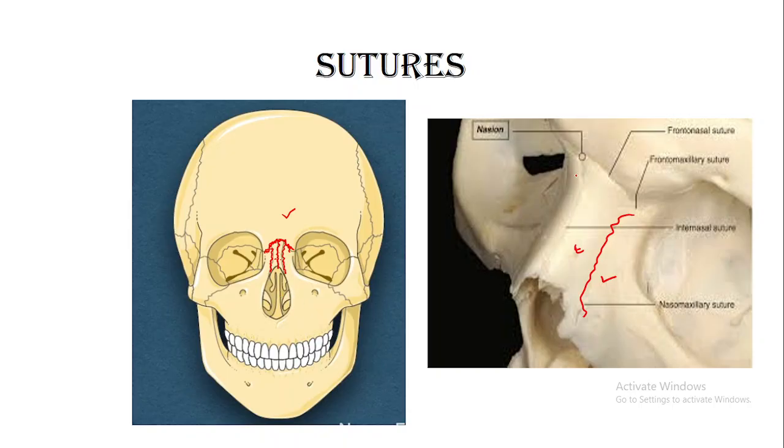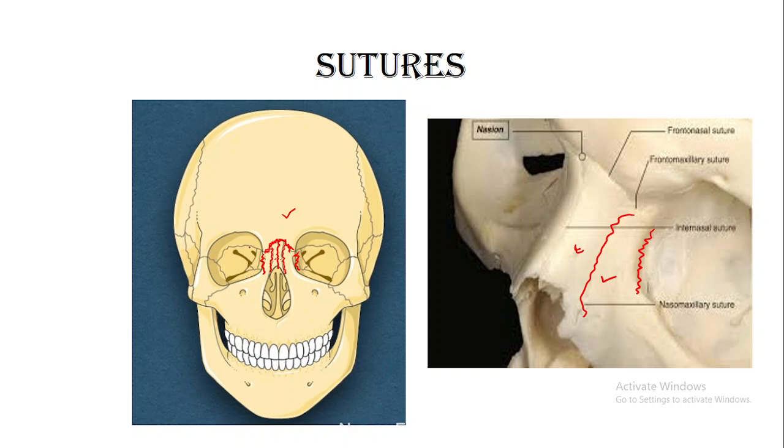Then the lacrimomaxillary suture. This frontal process of maxilla joins here with the lacrimal bone. This is called the lacrimomaxillary suture.